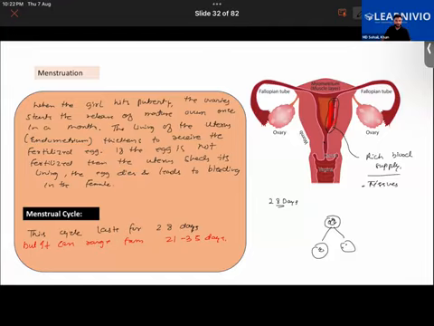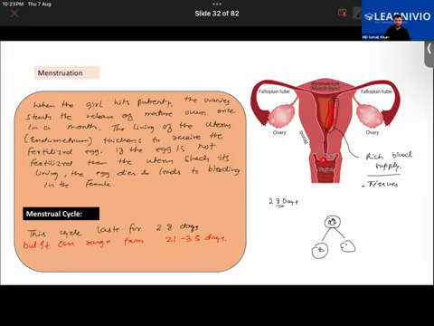Yes. Now, do not think that the menstrual cycle is only about the bleeding. It's a complete cycle of 28 days that repeats every month, and it has different stages. In the first 5 days, bleeding happens because the lining of the uterus breaks down and flows out through the vagina.